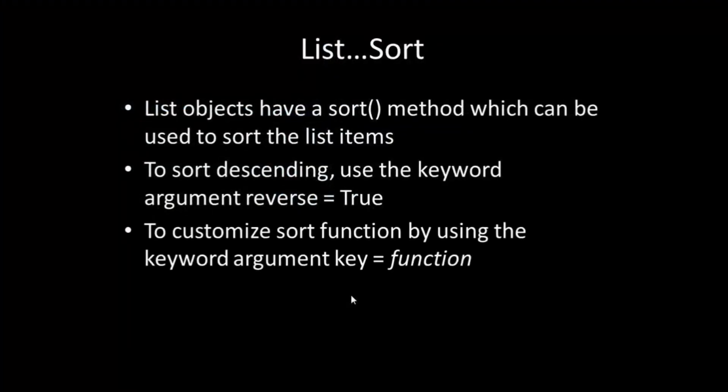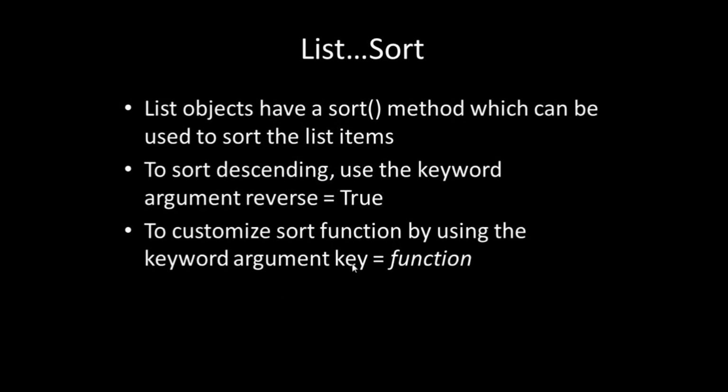Now if you want to customize the sorting, the default sorting provided by list, it is possible by passing your sorting function name. For example, we will be sorting a number list based on how close a particular number is to a given number, that is 50.